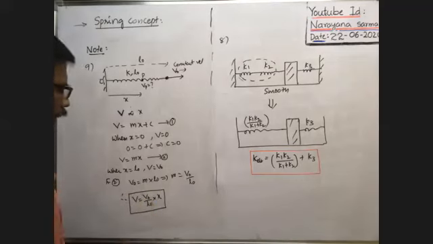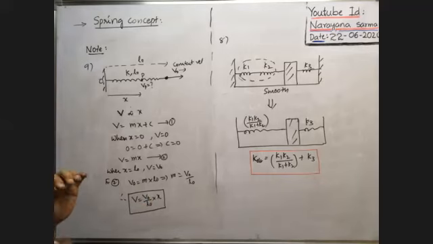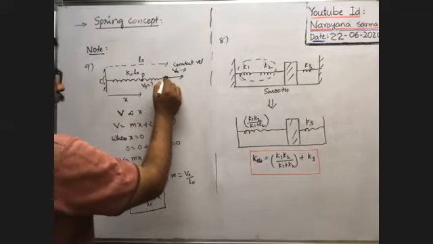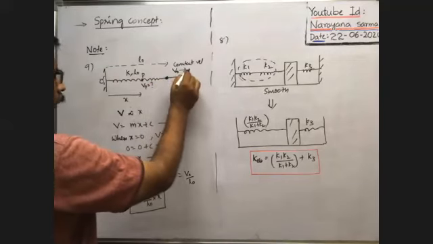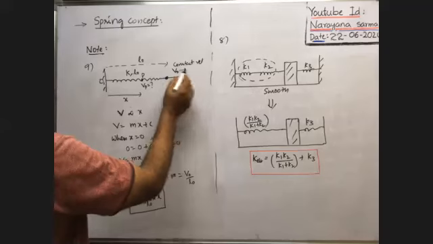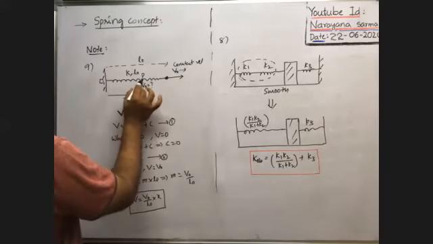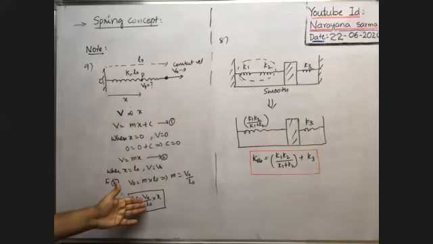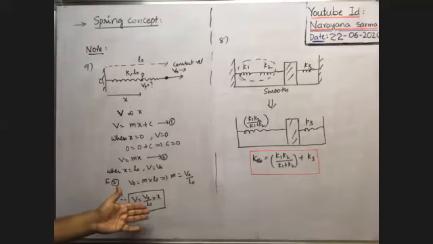Very, very important formula. Sometimes they may ask, suppose the velocity of this end of the spring is equal to 2 meters per second. What is the velocity of the point at a distance of 10 centimeter, 2 centimeter, like that? Then by using this formula, we can calculate.